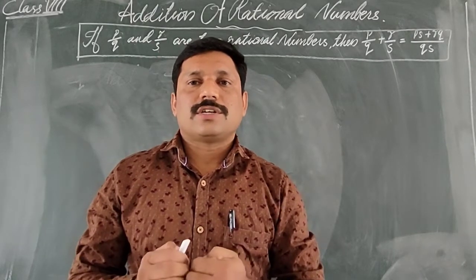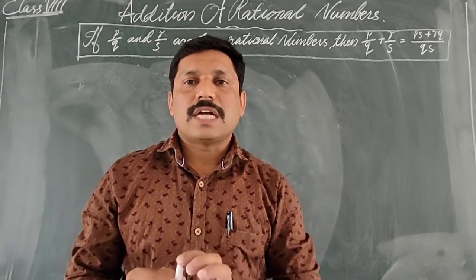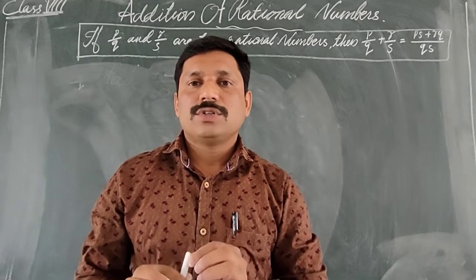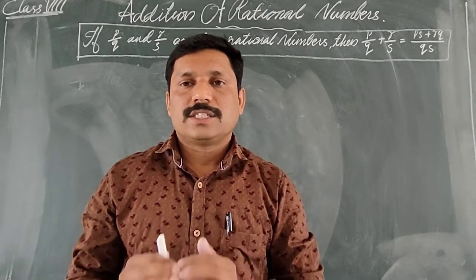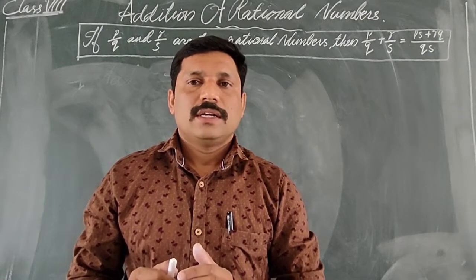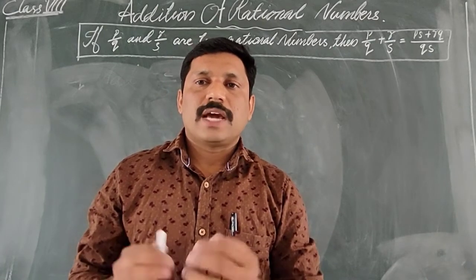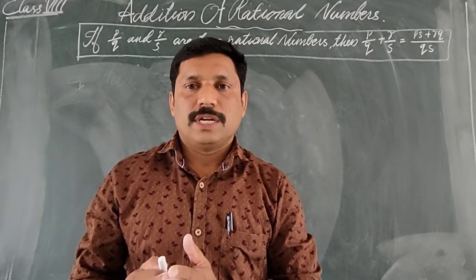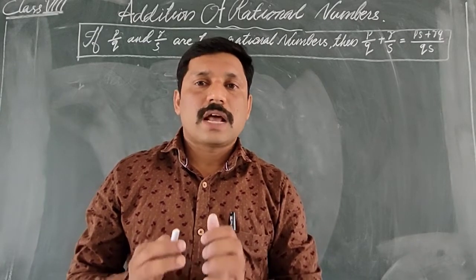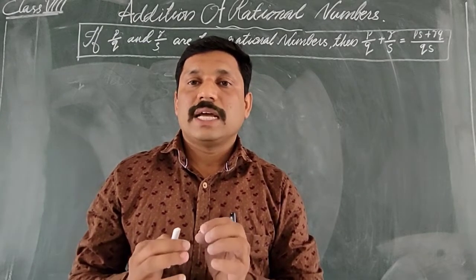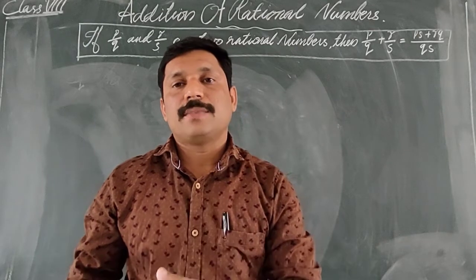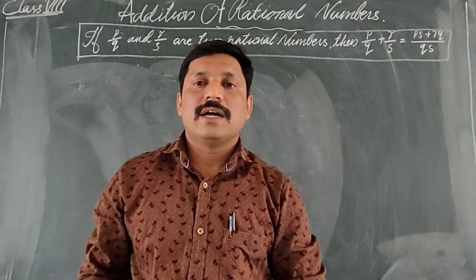So, the first step is that when we get two rational numbers to add, we have to make sure that their denominators are equal. If denominators are equal, we can add the numerators and write the same denominator. But if the denominators are not equal, we have to find the LCM of the denominators, make them equal, and then we can add the numerators.